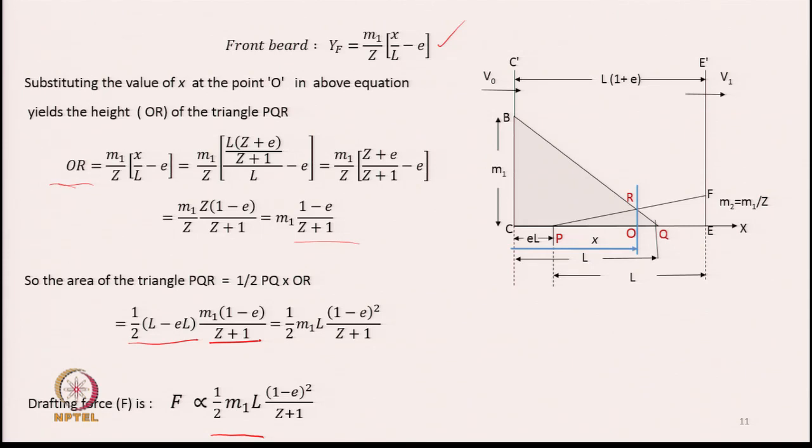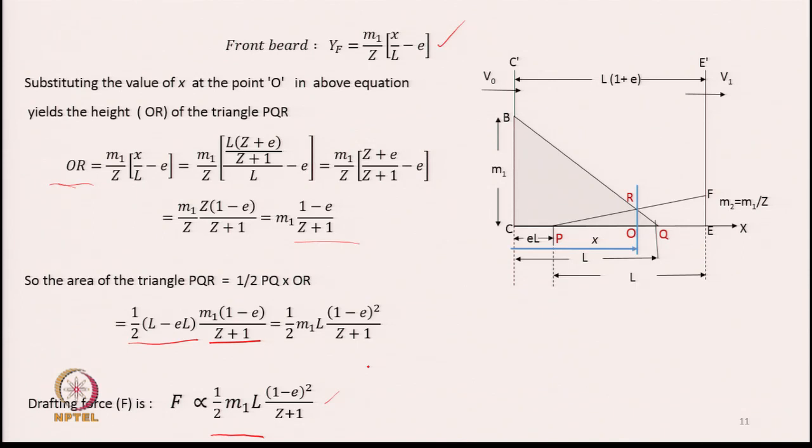We multiply these two and do the simplification, and we get half m 1 L 1 minus E whole square by z plus 1. That represents the area of the triangle P Q R, and therefore, it represents the contact area between the two groups of fibers, and hence the drafting force F is going to be proportional to this value.